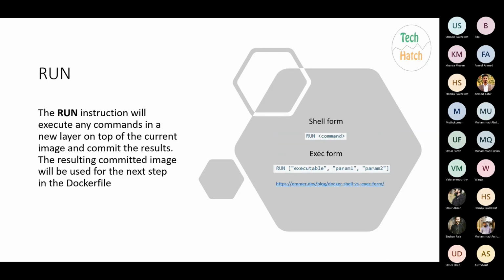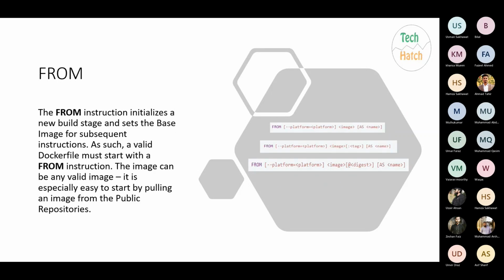We have different syntax styles of FROM: we can use FROM with an image tag, FROM with AS, which is an alias for the builder stage, and FROM with the platform name, alias and an image digest. These are different formats of writing your FROM instruction.